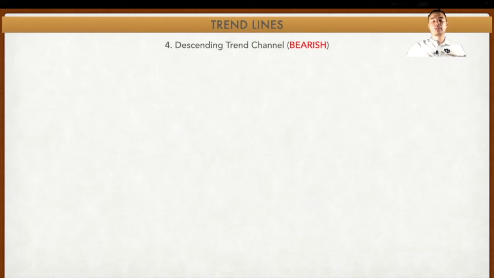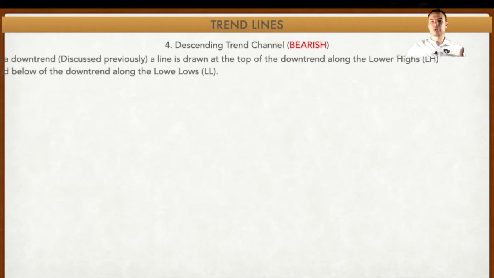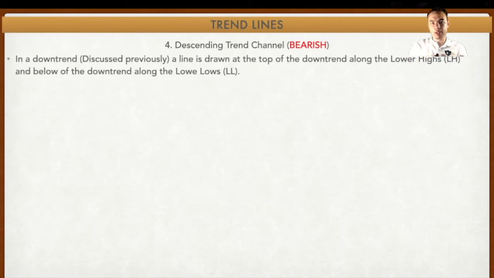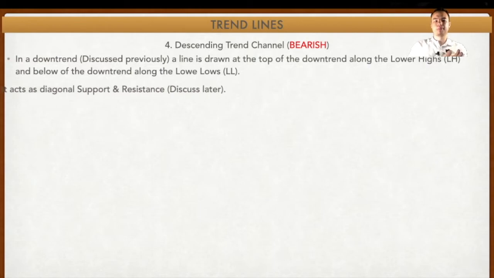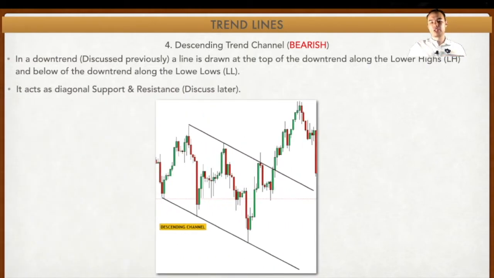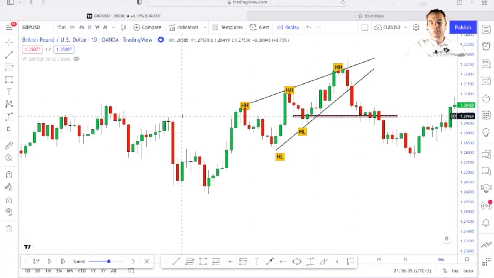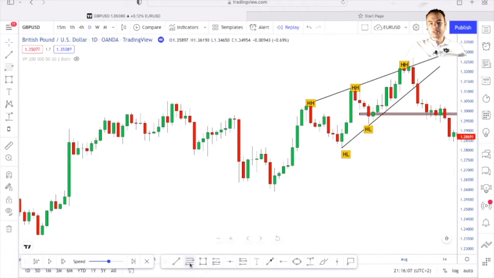And then the last one is the descending trend channel. It's the opposite. It's like a descending trend line, however there are two descending trend lines: one on the lower highs on top and one on the lower lows at the bottom. As you can see there, slanting down. So here's our previous example. If I look to the left, here's a descending channel. Let me remove those.